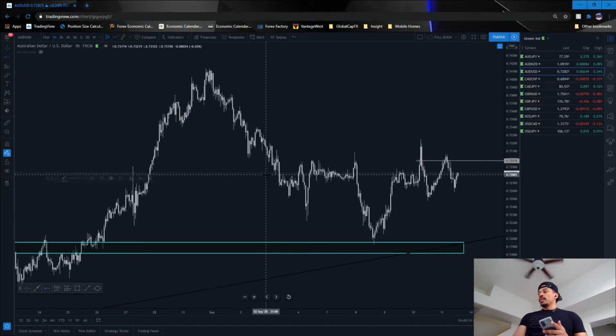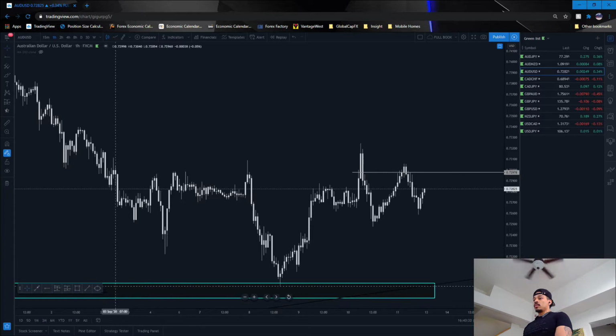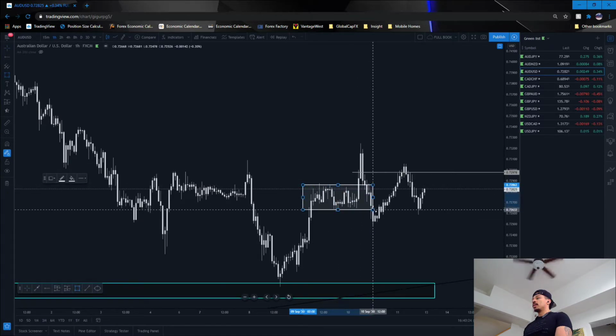And the reason why I entered is because when it came to this situation here, price broke out of this sideways movement. So I decided to get in on a trade right here in this area.